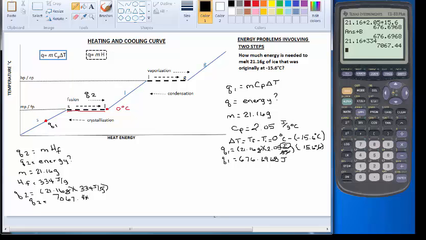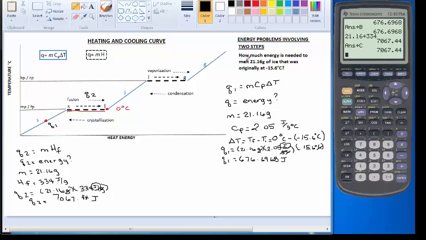Grams on the bottom cancels out with grams on the top, to leave us with the unit joules. Again, we need this number, so we're going to store this number as alpha C so that we can use it.